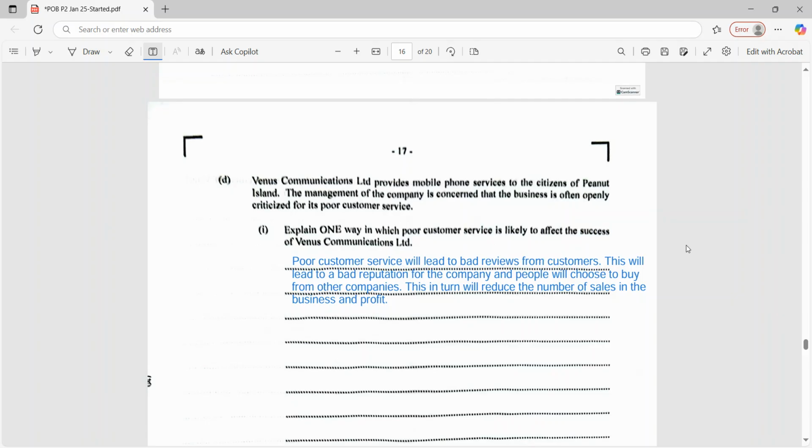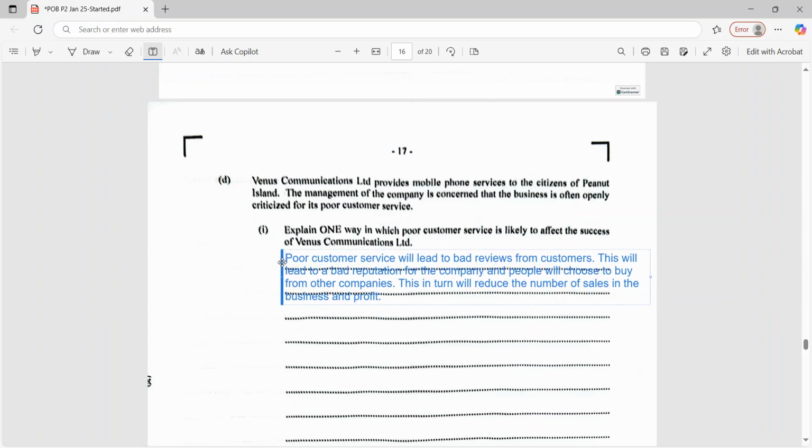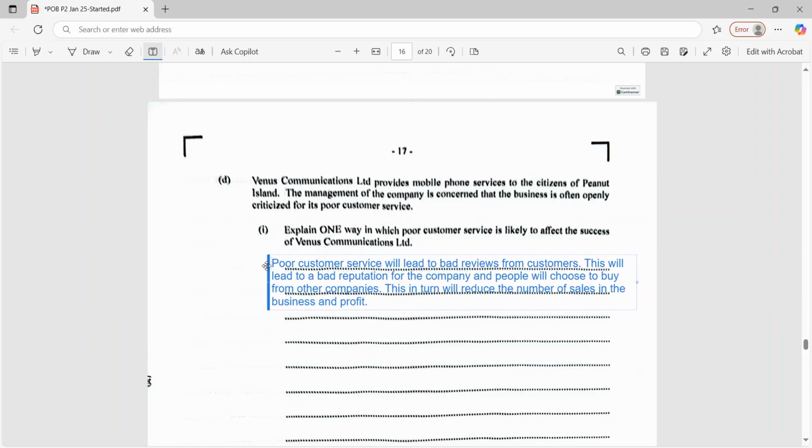My explanation that I gave is that poor customer service will lead to bad reviews from customers. Normally when you're using a business and you want to know about it, you will Google it, and sometimes you will see a Google review.